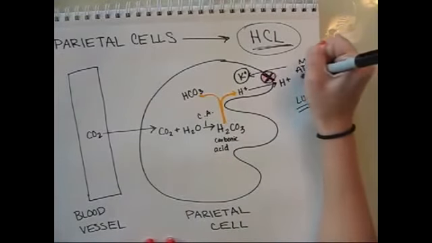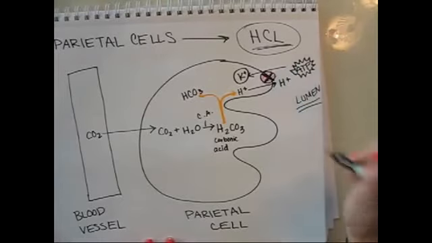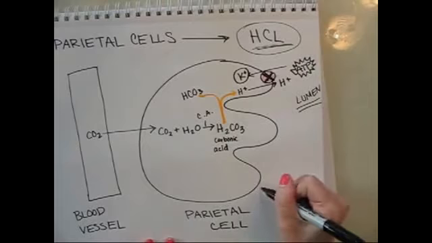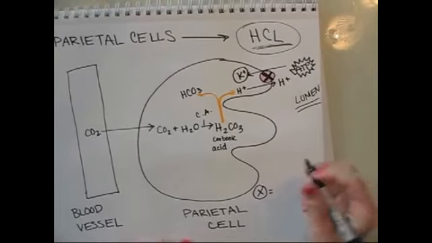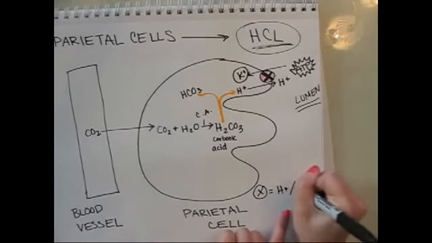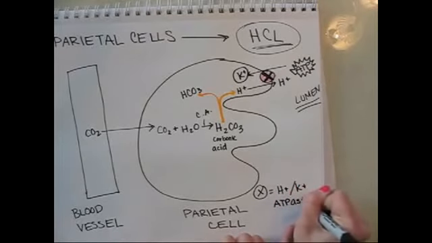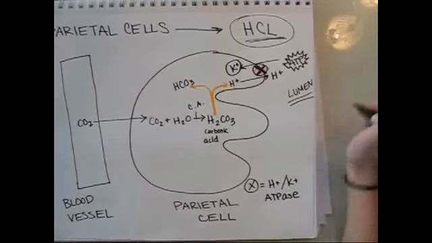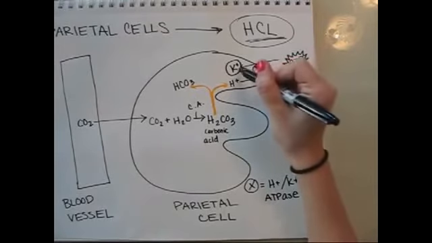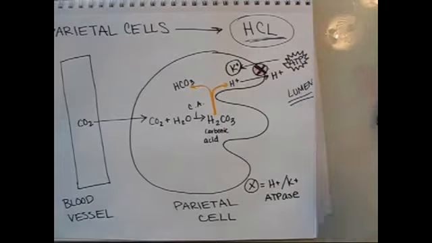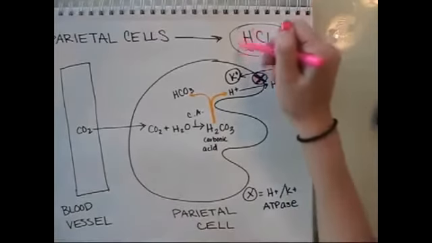One ATP molecule. Okay, and this pump is called the hydrogen potassium ATPase pump. Okay, so in exchange for one potassium, the hydrogen is going to go into the lumen. So now we can cross off the hydrogen right here. We got that.